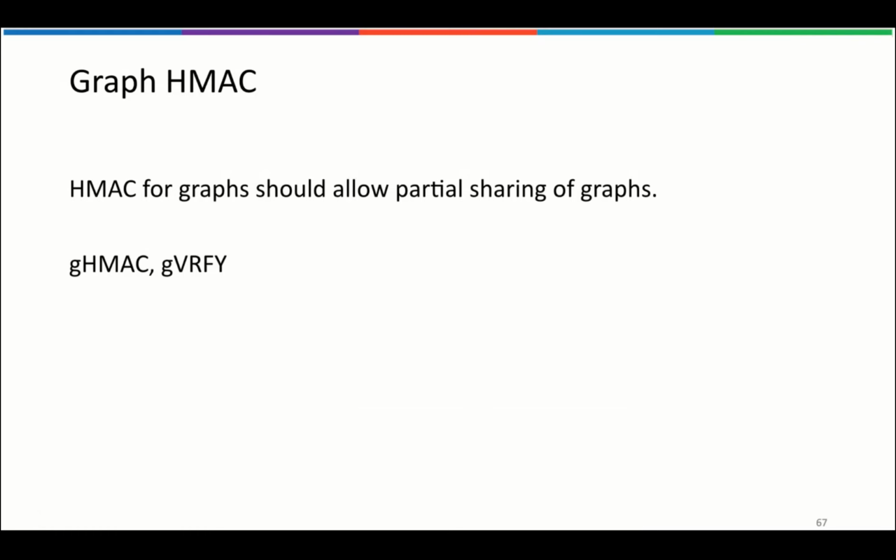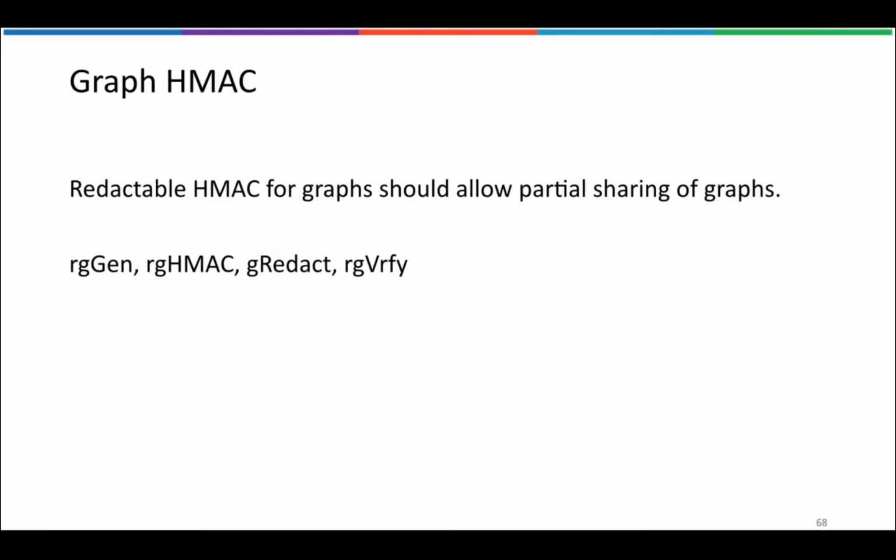The other one is redactable HMAC, where you share part of the graph. There we have four functions: RGGen, which generates a key; RGHMAC, which generates a redactable HMAC; RGReduct, which redacts the graph and generates a redactable HMAC for the redacted graph; and RGVerify, which verifies the redacted graph with the redacted HMAC.